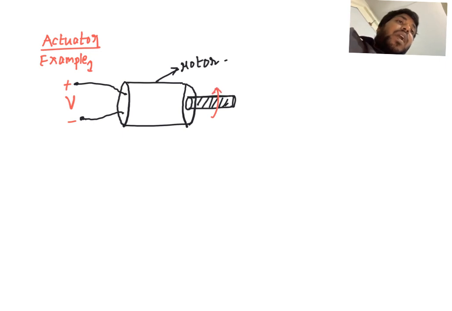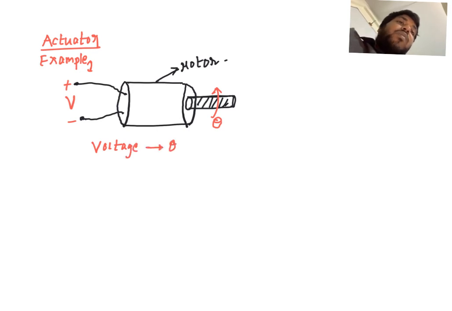Let us say the angular displacement or the rotation of the shaft, let me indicate this as theta. So in this particular example, the voltage whatever we applied is successfully converted to angular displacement theta.